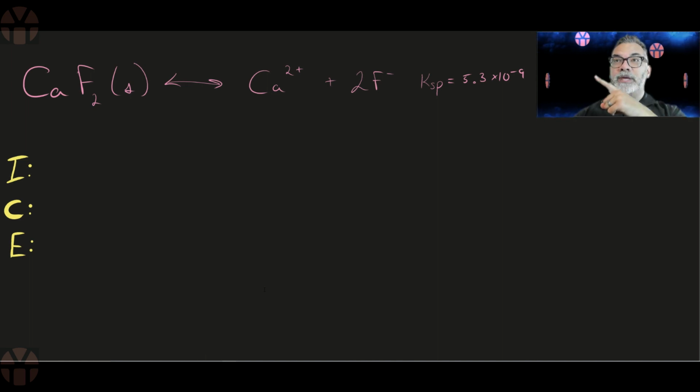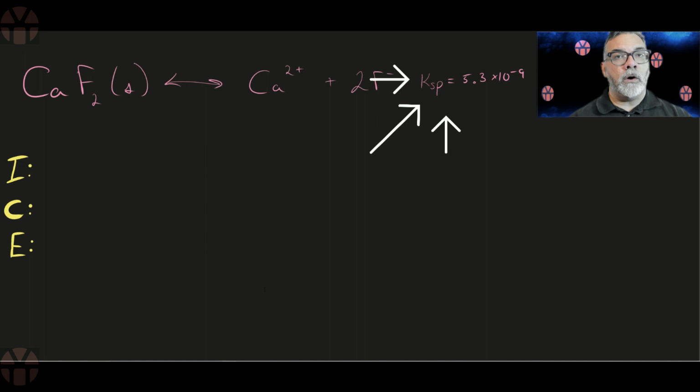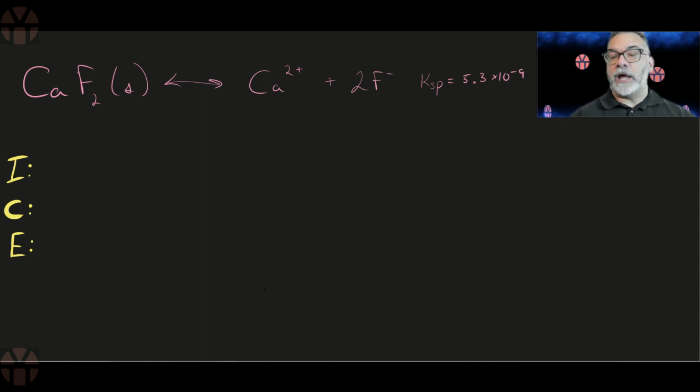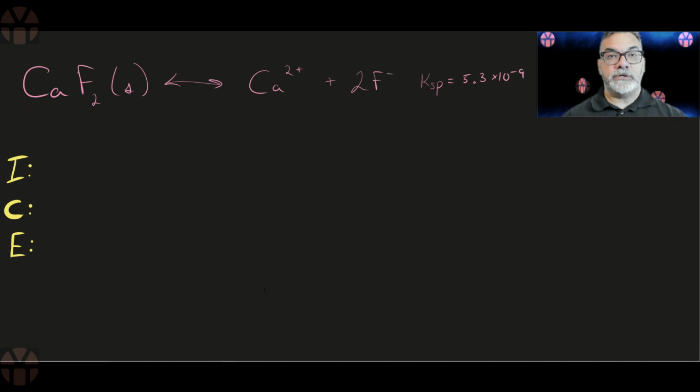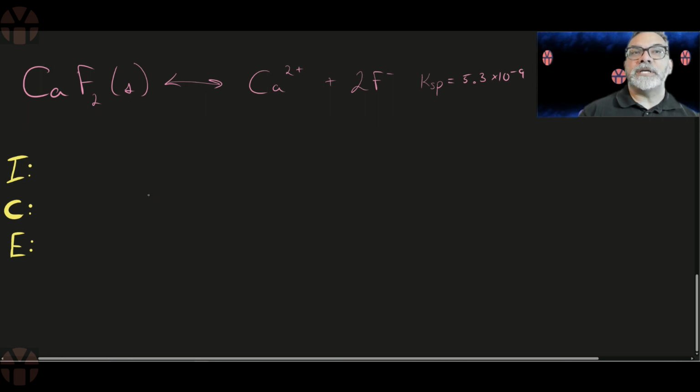Notice the Ksp here is going to be ridiculously small. So at what point do we saturate a solution of calcium fluoride? In other words, at what point have we added so much of the ions that no more of the solid will be able to dissociate? Another way to ask this question is, when will a precipitate form?